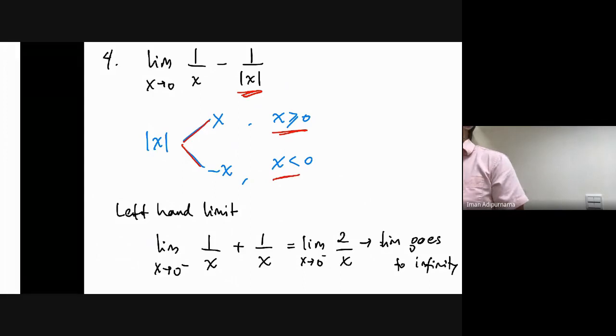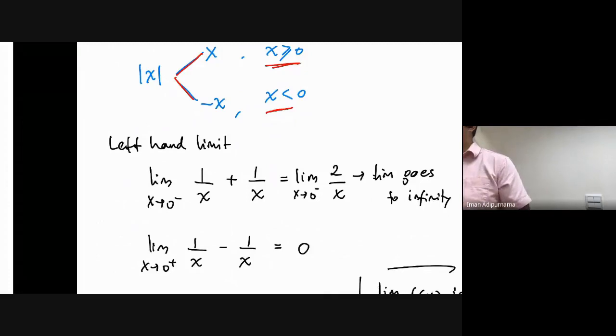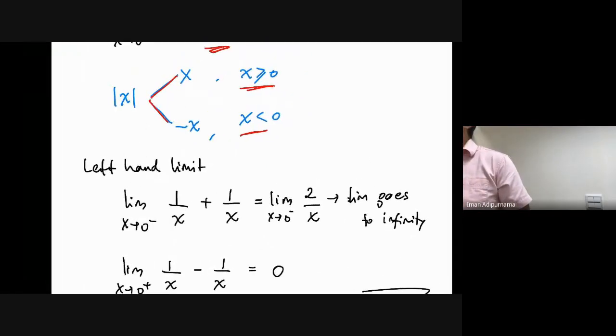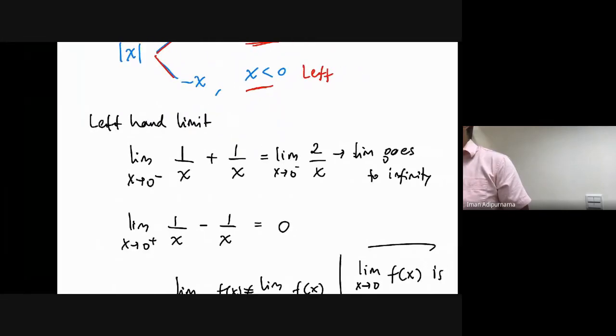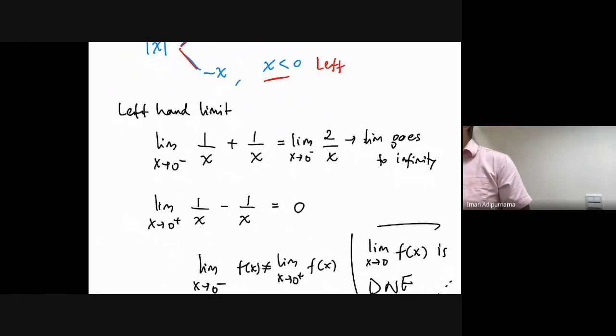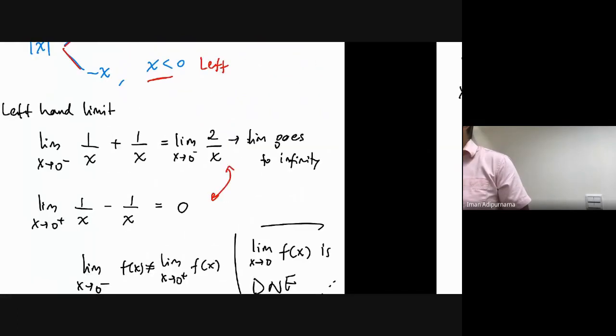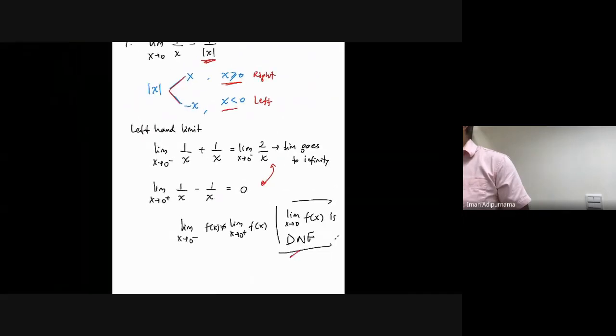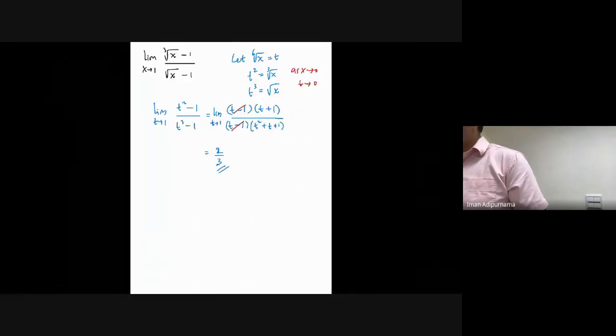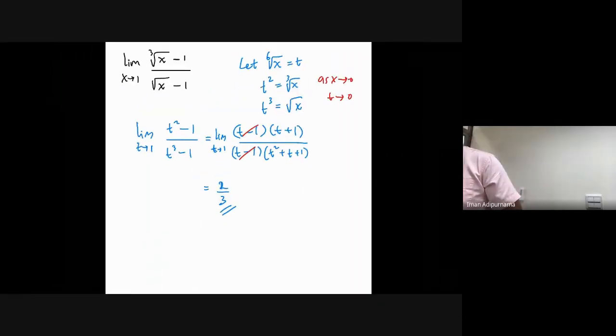So you have at least two approaches: you can approach from the right, and this is the left. Solve both, and if they are not the same, then you can say the limit doesn't exist. Or here, there are two ways.